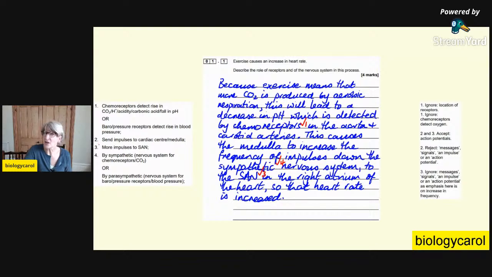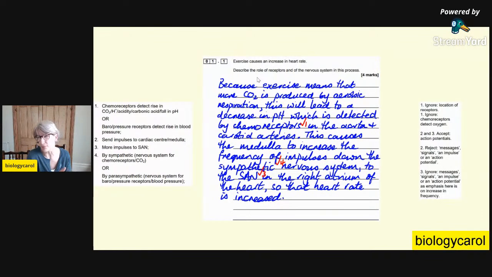Now, I could kind of kick myself for not getting mark point 2, and I'll tell you why. Because the question was clearly about, the emphasis was on the roles of the receptors and of the nervous system. So the fact that I didn't talk about the neuronal connection between the receptor and the central nervous system, the medulla in the base of our brains, I was kind of going, oh, duh, that was a bit daft.